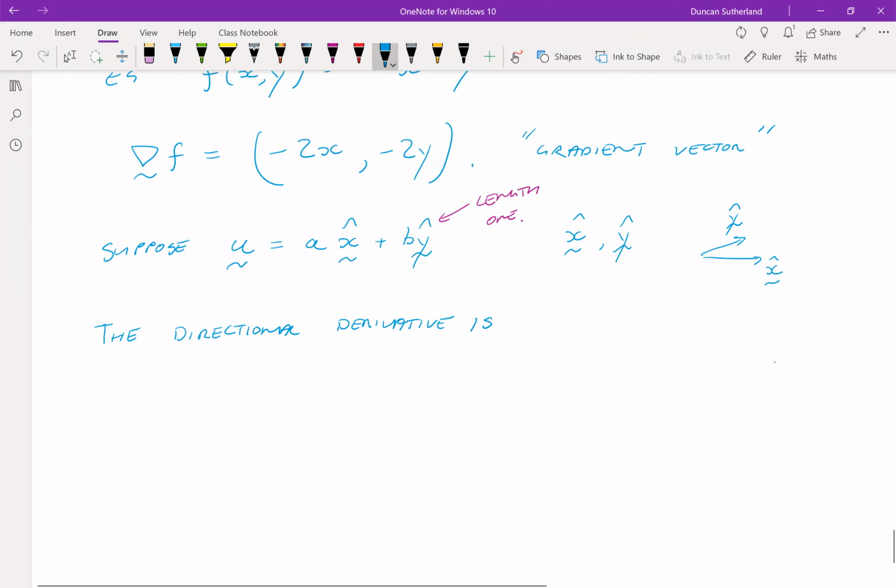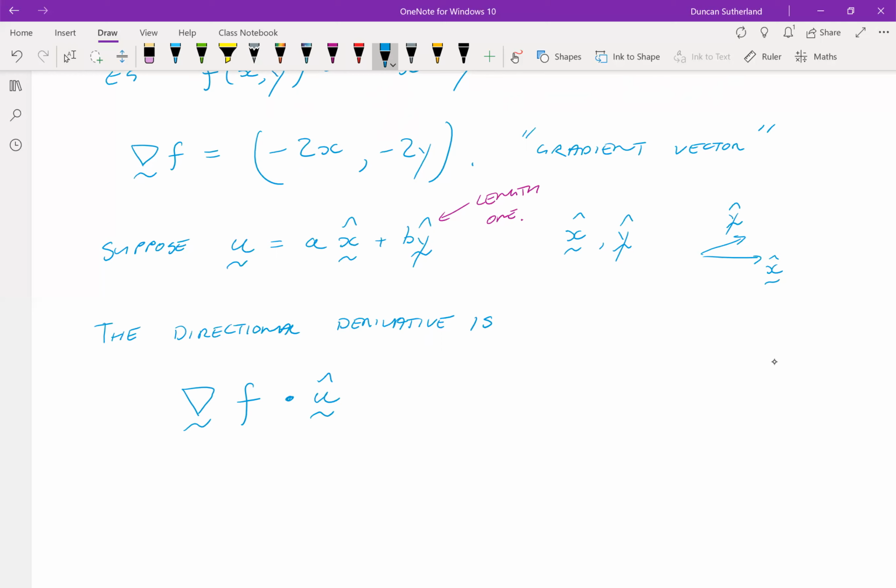We define the directional derivative, that is, the rate of change in the direction of a vector u, as grad f dot u hat.